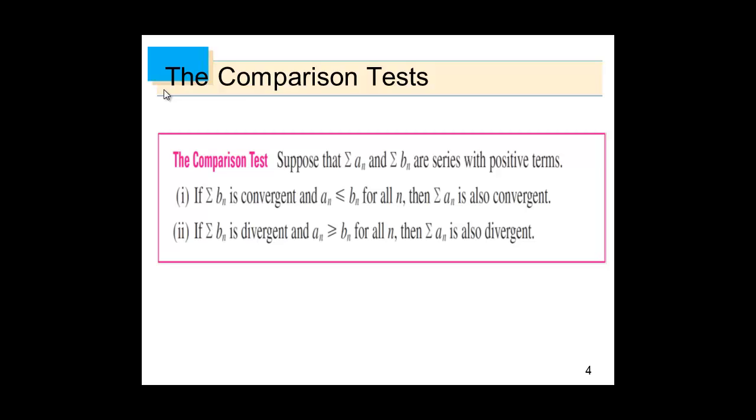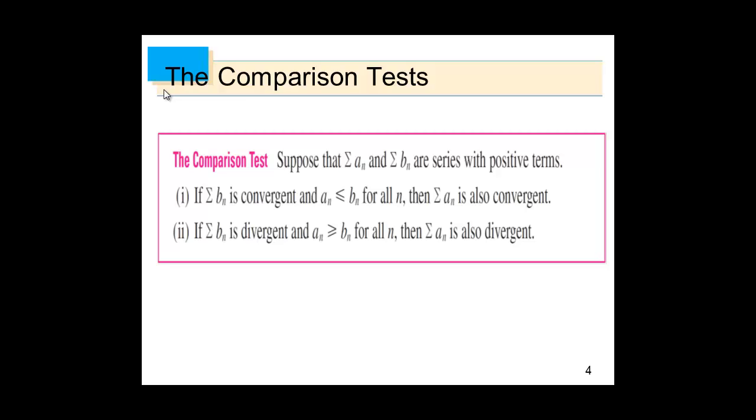Right? The second one is saying that suppose the sum of Bn is divergent. That would mean that the nth partial sum for this sum is going to infinity, because this is a series of positive terms. So if this series is divergent, it means that the limit of the nth partial sum is infinity.